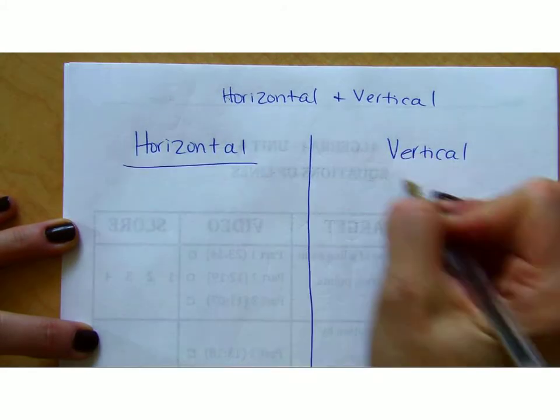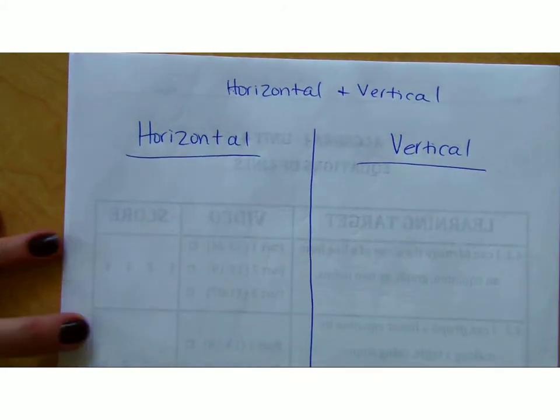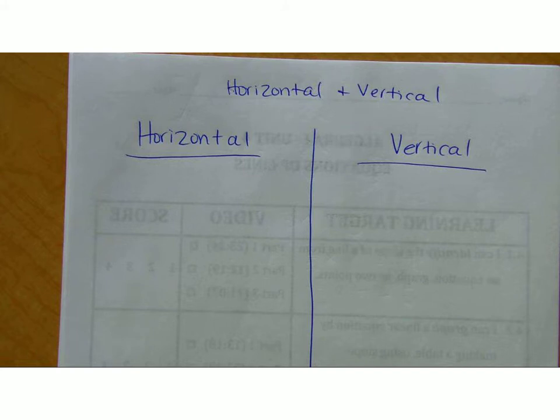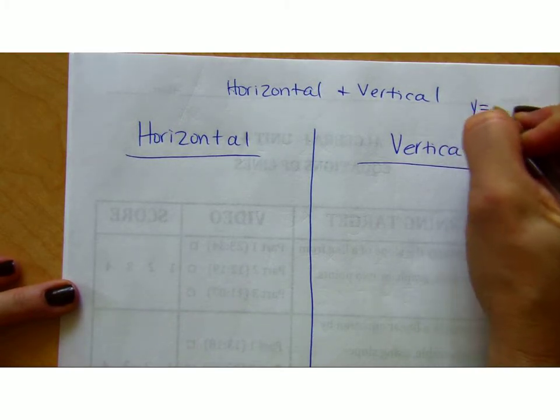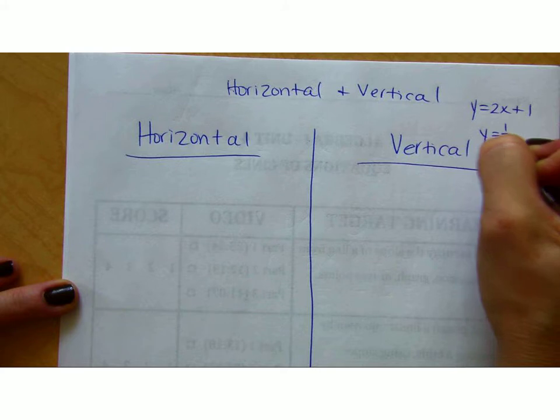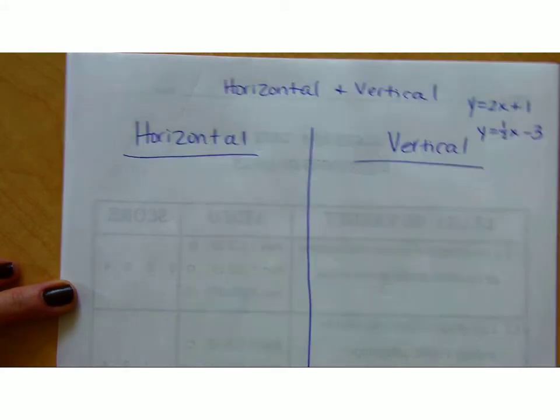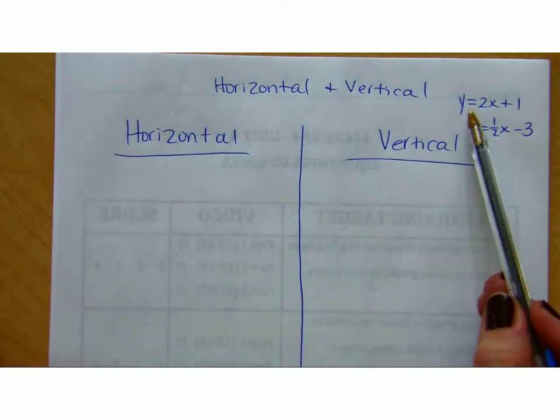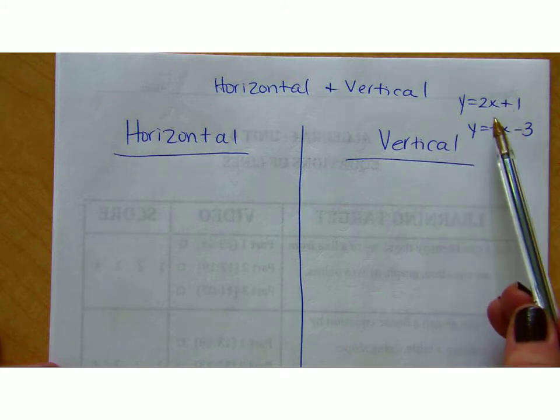Okay. So a couple things about this. These are those special cases. Something looks different than my traditional y equals 2x plus 1 or y equals 1/2 x minus 3. In these equations, it has a y and an x.